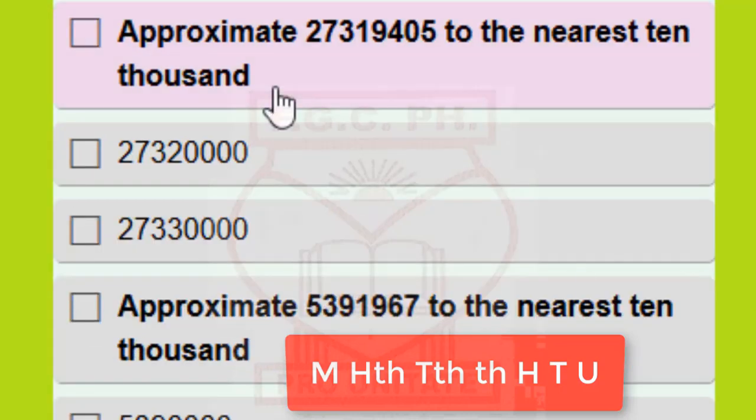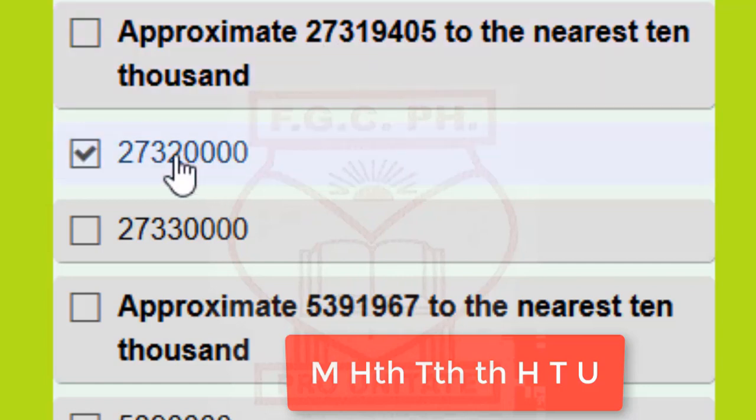And to approximate 27,319,405 to the nearest 10,000, we need to round off the 1,000 digit. The 10,000 digit is 1, so the 1,000 digit is 9, and that will mean rounding up 9. If we round up 9, we got 27,320,000, and that's this.